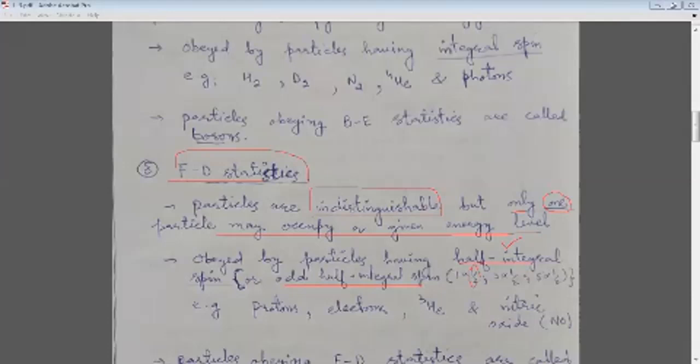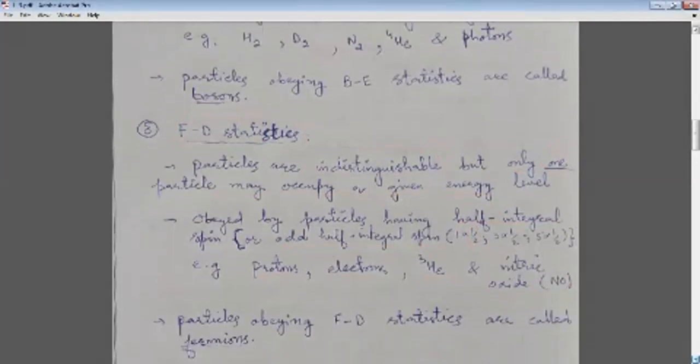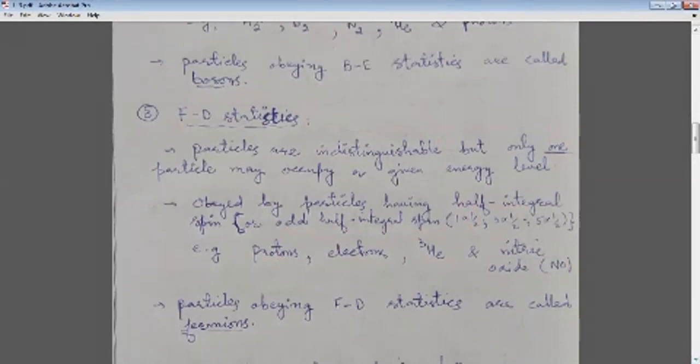For example, protons, electrons, helium-3, and nitric oxide, NO, are the examples for Fermi-Dirac statistics. And the particles which obey this type of statistics are called fermions.